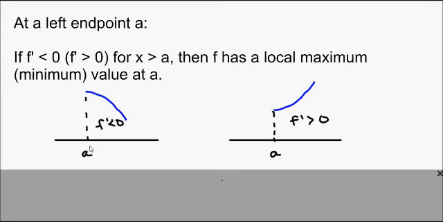I'm at the endpoint a, and I see f prime is less than 0 for all the values to the right. That means that a is a maximum. Now this second case here, what's in parentheses goes with what's in parentheses. So I'd say if f prime is greater than 0 for all values to the right of a, so greater than a, then we have a local minimum at a. Makes sense.